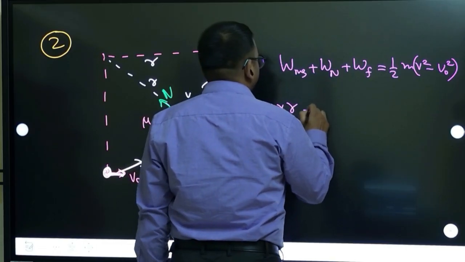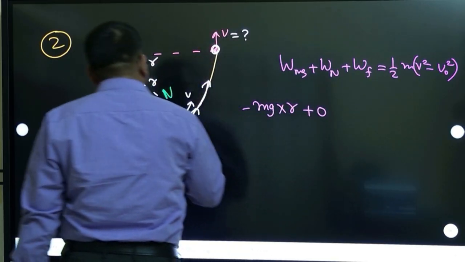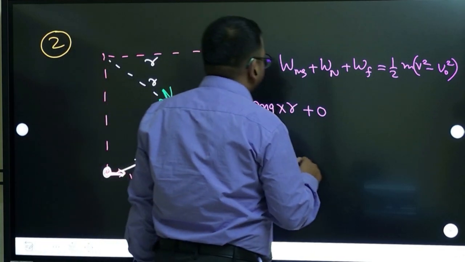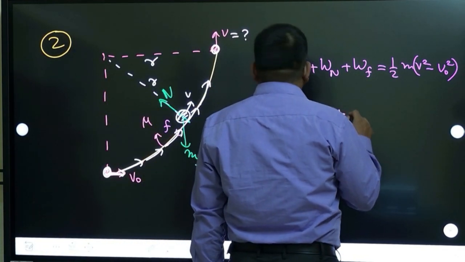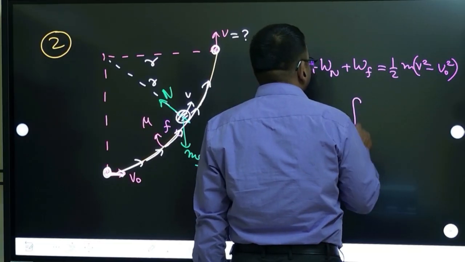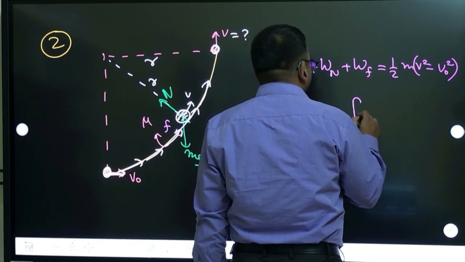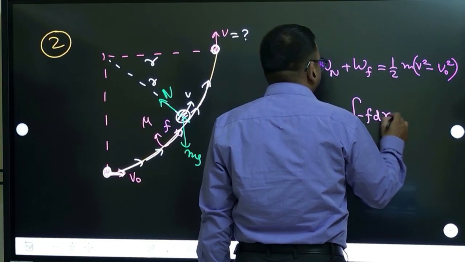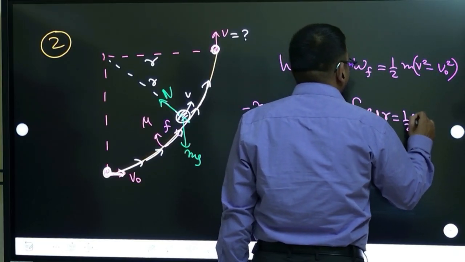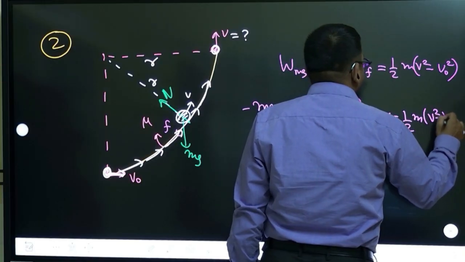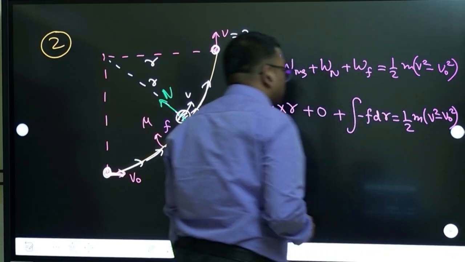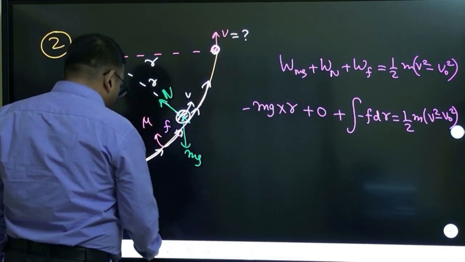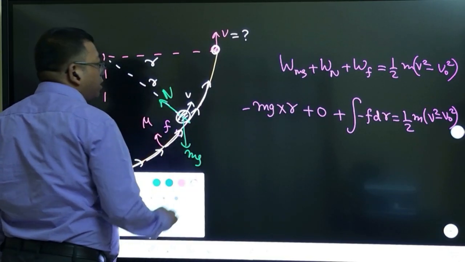Work done by normal is 0 because normal is always perpendicular. Plus work done by friction, which is the integration of F dot dr, with a minus sign. So what do we want to calculate? We want to calculate that.